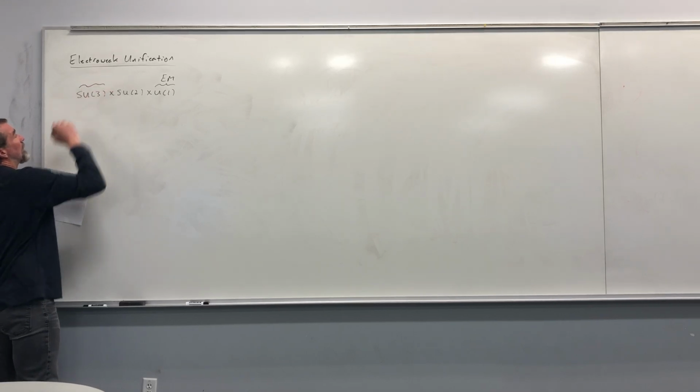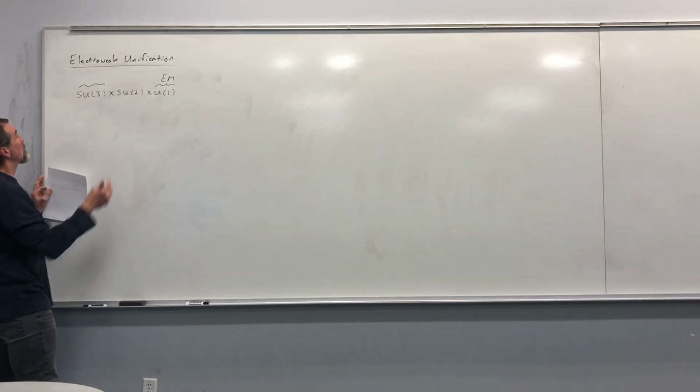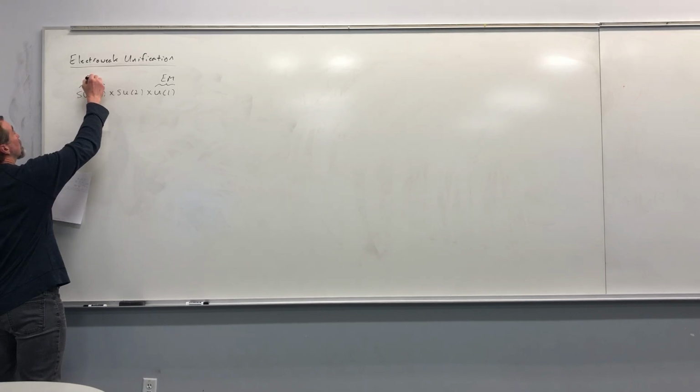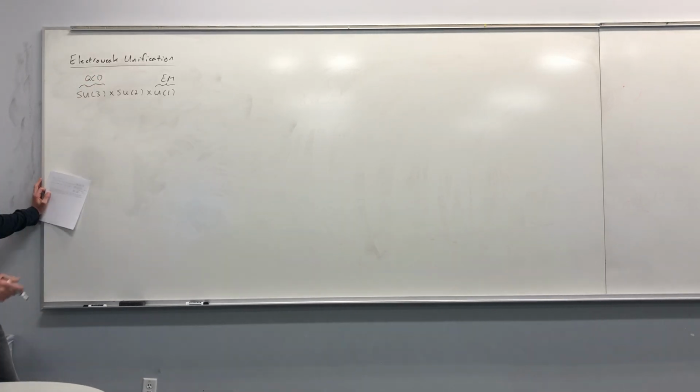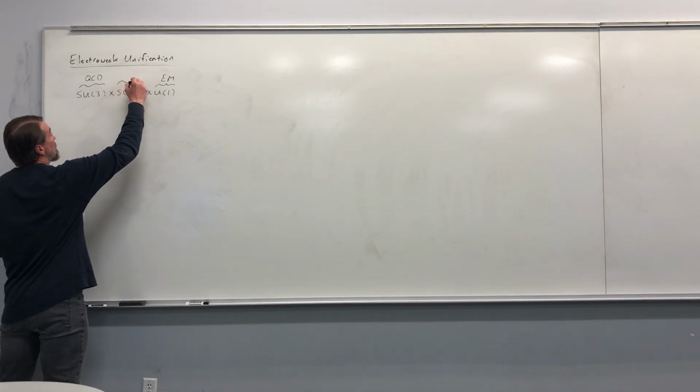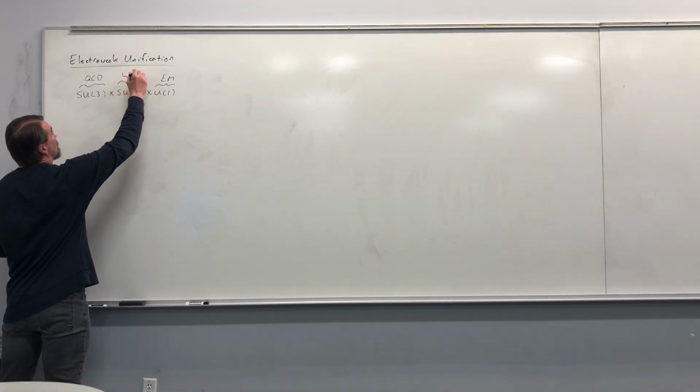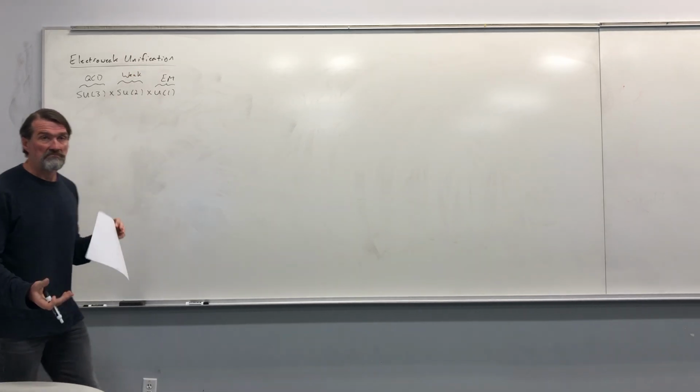And then SU3 is a symmetry group underlying quantum chromodynamics, so this is the strong interactions. That leaves as a natural candidate for the weak interactions this right here. Makes sense, right?